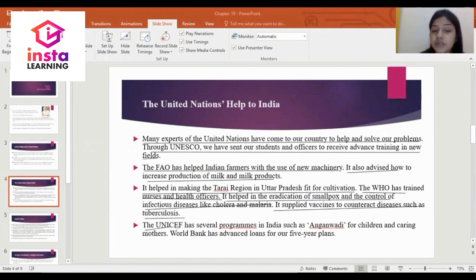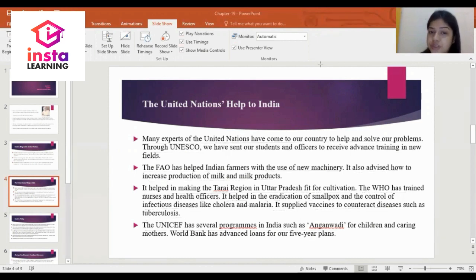UNICEF has several programs in India, such as Anganwadi for children and caring mothers. The World Bank has advanced loans for our five year plans. So, this is the help to India from the United Nations. Dear students, let's move ahead and know more about it.